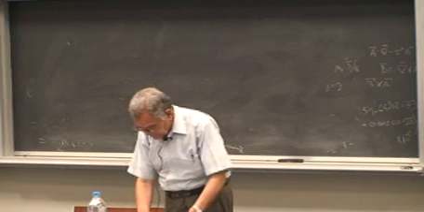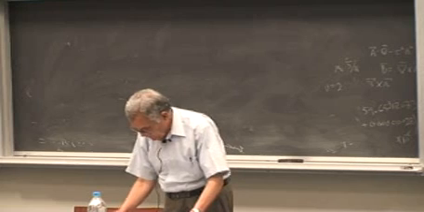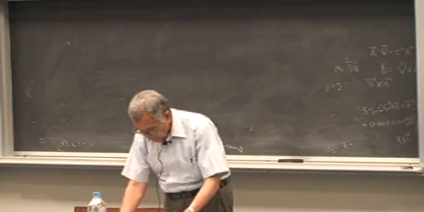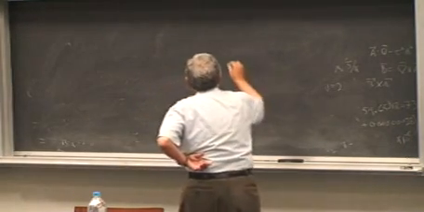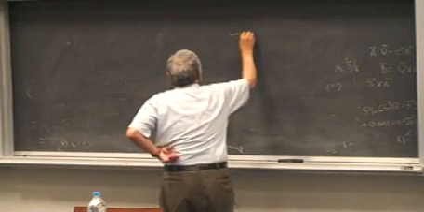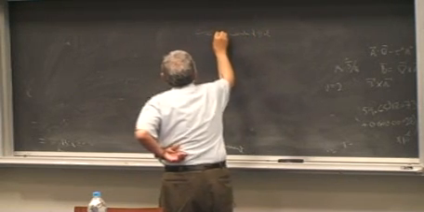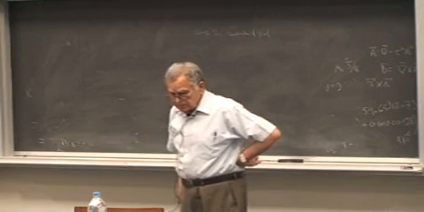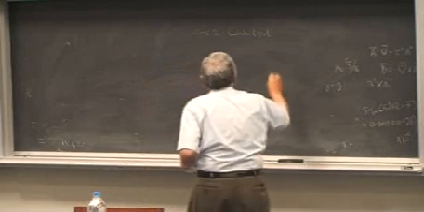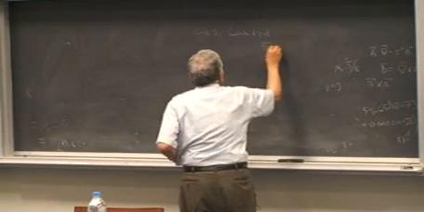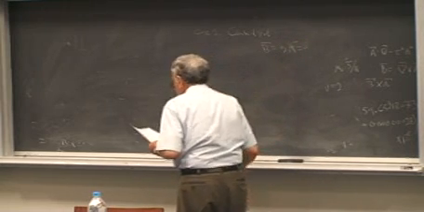So the second case which we can consider is that of the central potential. This is the extreme. And here I put V equal to 0, A equal to 0.